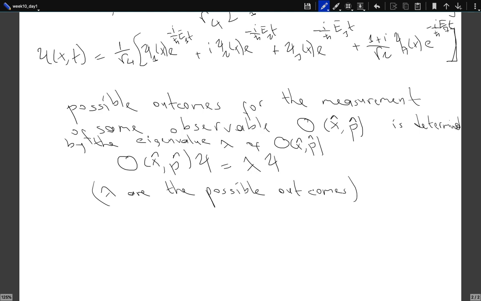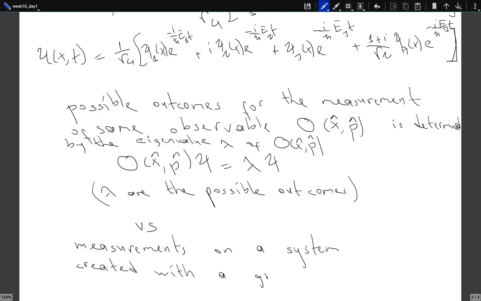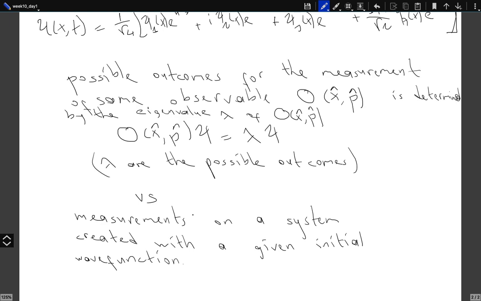For such systems, if you make the actual measurements, these two things are basically different things.